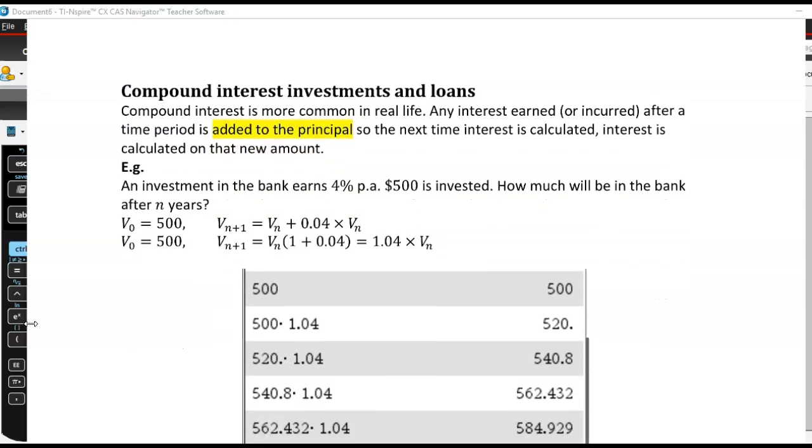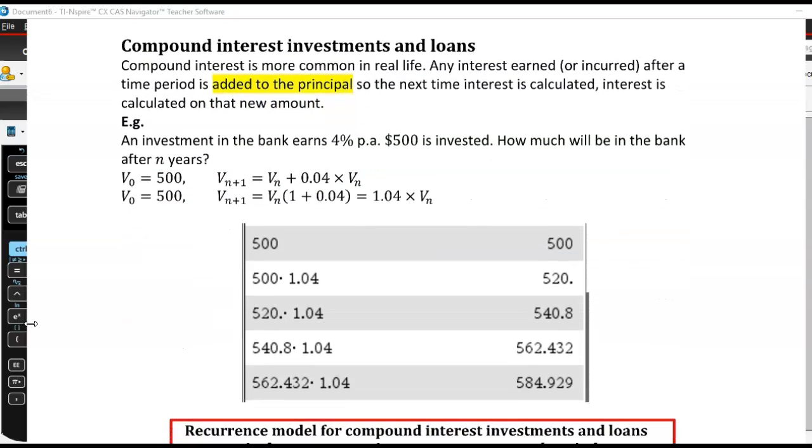So that's where we start talking about these compound interest investments and loans. Remember, investments are things like where you put money into a bank account. Compound interest is more common in real life. In real life, we really only deal with compound interest.